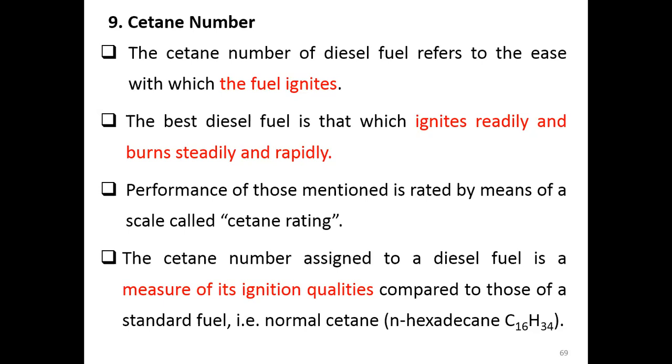The best diesel fuel is one where ignition happens easily and it burns steadily and rapidly. The best diesel fuel has to be easy to ignite, and when it burns, it gives us steady and rapid burning.